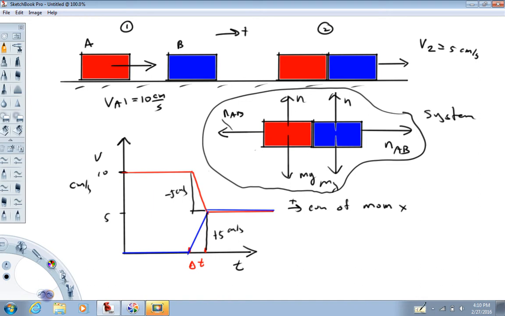All right. I look at my initial picture. I write down something for the total momentum of the system, which is going to be m_A v_A1. Remember, momentum is mass times velocity. Whatever this mass is times the velocity v_A1 represents the total momentum of this system. Mass B doesn't have a momentum because it's not moving.